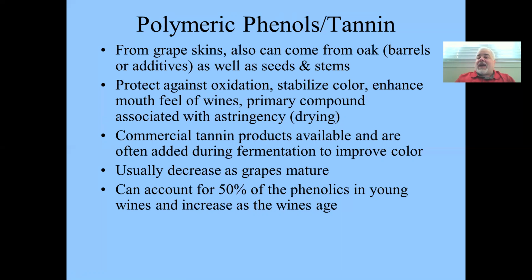And the third and the fourth, how many times are you going to use that same barrel? Talk to a winery, there's lots of opinions on that, but the amount of tannins and phenols is going to go down over time as you use the same barrel over and over again. And there's only so many uses before you're no longer getting these tannin phenolics extracted at all, or at least not in any amount that's significant.